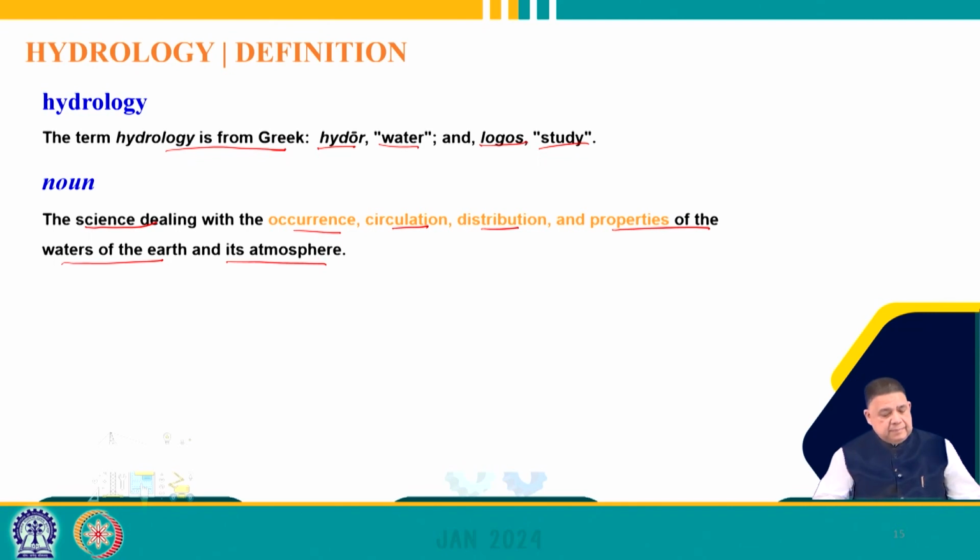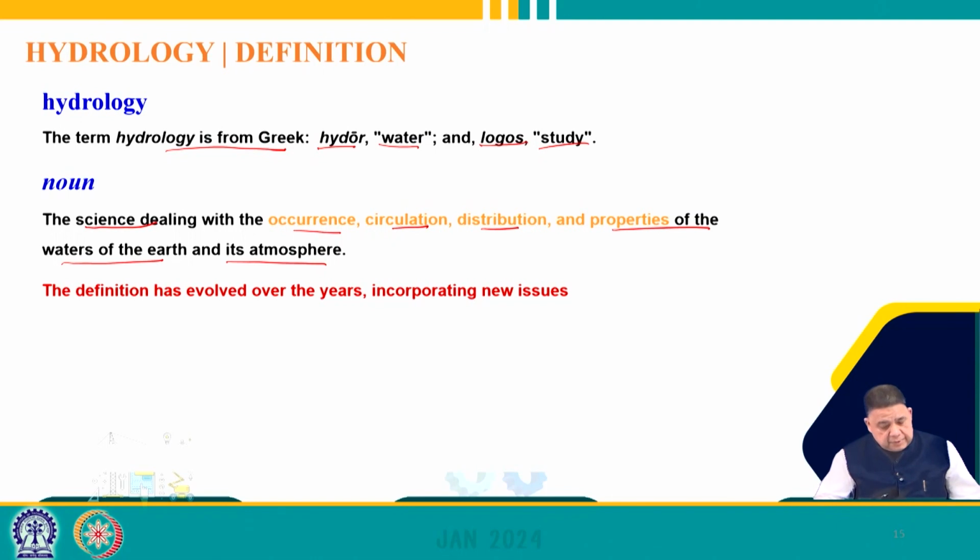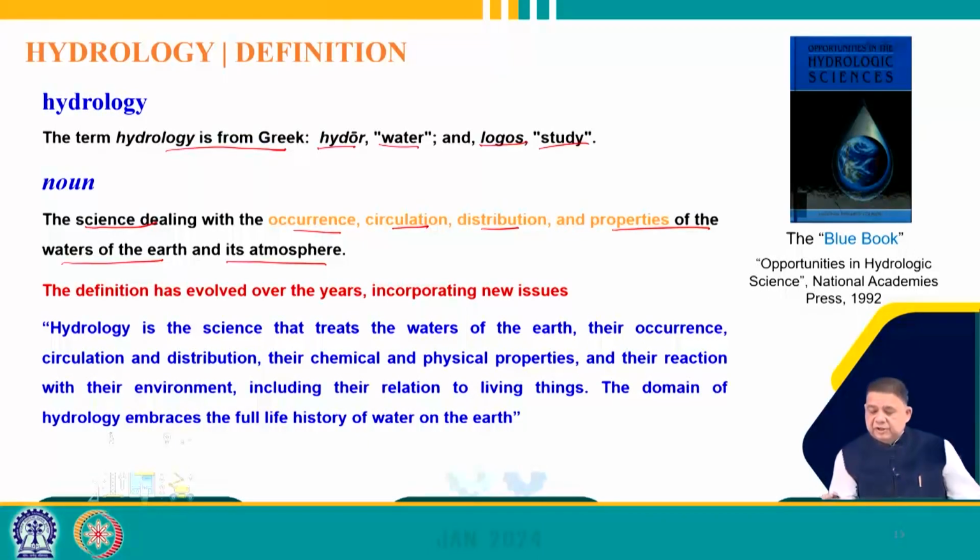But over the time, this definition has evolved. A lot of changes have been incorporated, new issues have been incorporated in the definition, and the latest or the most comprehensive definition is given in the Blue Book, which is Opportunities in Hydrological Science, published by National Academic Press in 1992.